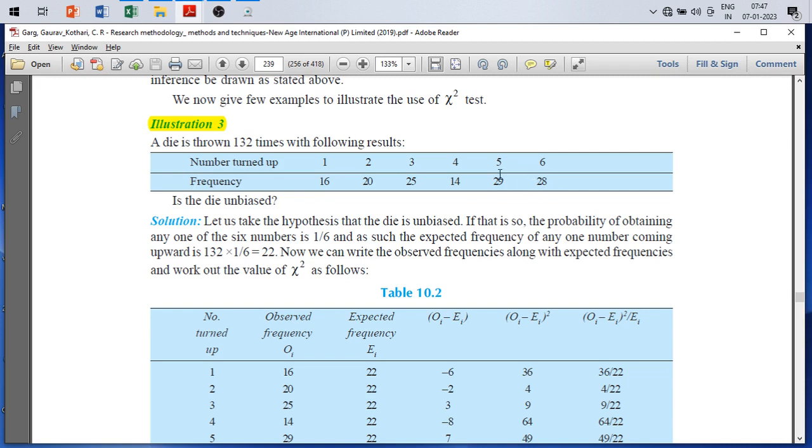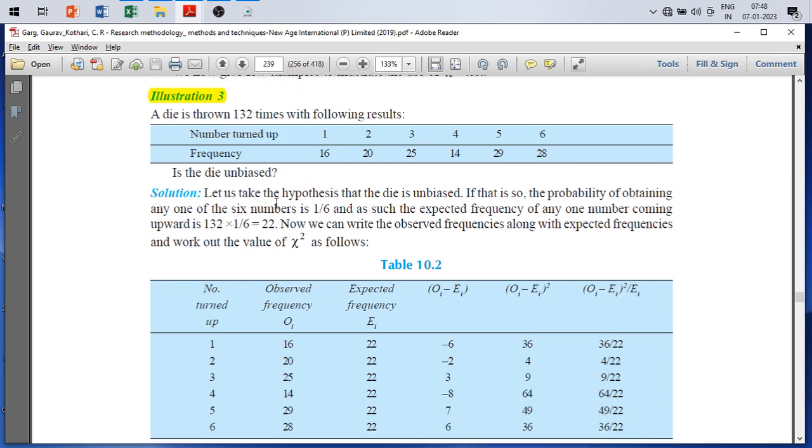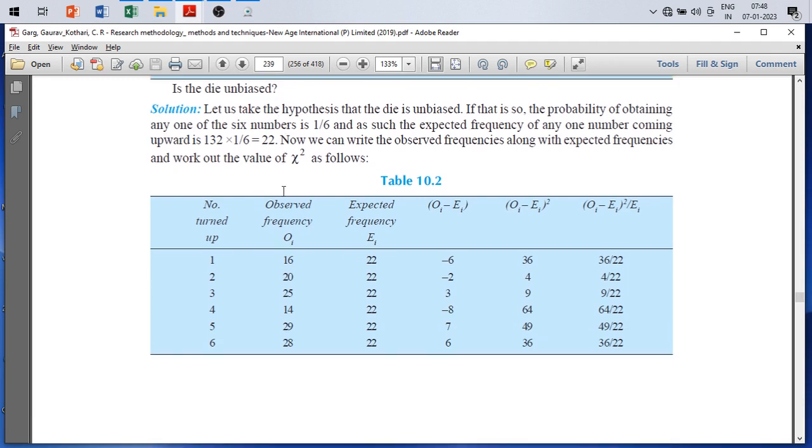Just like the tossing of coins, in this case we are throwing a die 132 times and the frequencies are given. If you add all of these frequencies, you will get 132. The question is, is the die unbiased? You can make a table like this, with the number turned up from 1 to 6. So we have six categories here, instead of head and tail in the previous example.